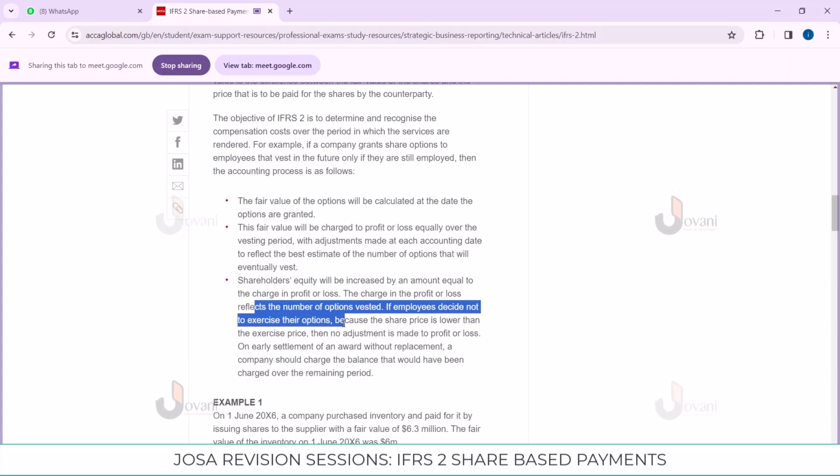Yes, at one point, they told you that we are giving you these options, okay, but you pay this much. But by the time, after 5 years, the amount you're going to pay is way above the share price on the market.